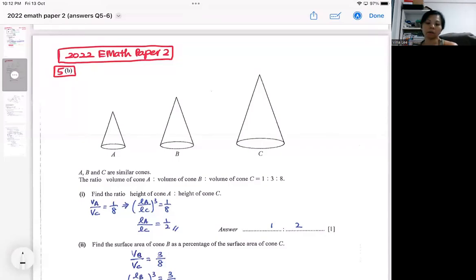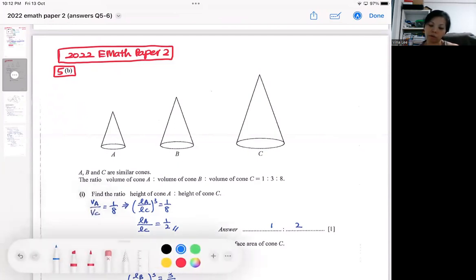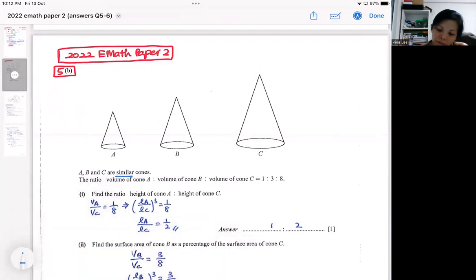The next part for this question 5. Okay, question 5b is testing you on similar area and similar ratio. The first thing you should realize is they talk about similar, and they give you the volume ratio.